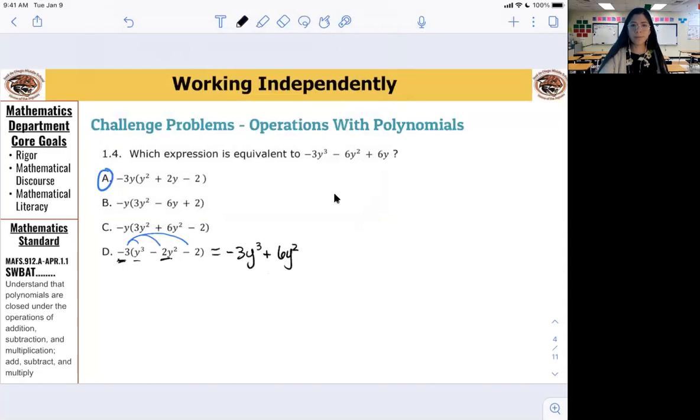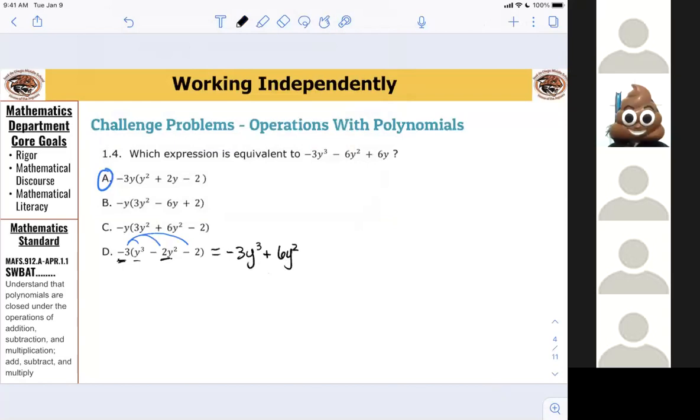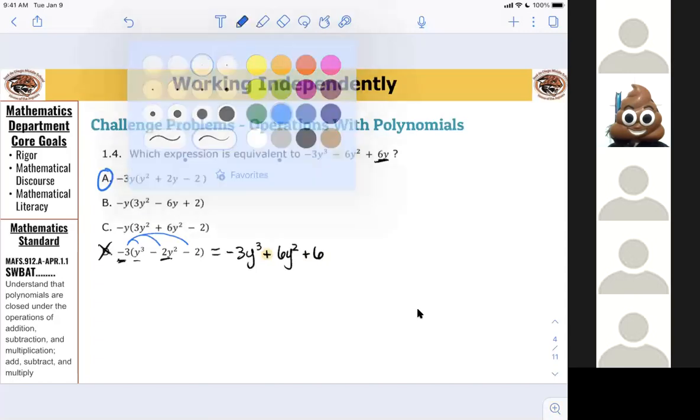So already we know that this is wrong, because we needed it to be a negative, but it ended up being a positive. Let me just finish it. -3 times -2 is positive 6, and I needed that to be a positive 6y. So it does not match. Next one up.